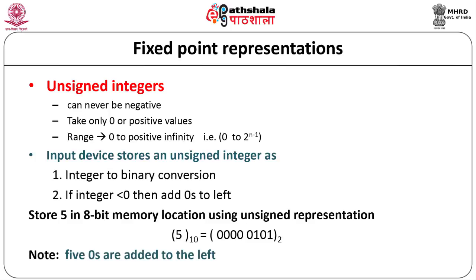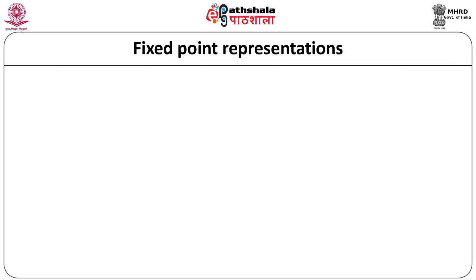Note that decimal 5 requires only 3 bits, but for 8-bit memory storage 5 zeros are added before binary 5. So far, we have treated all of our numbers as unsigned or positive only.